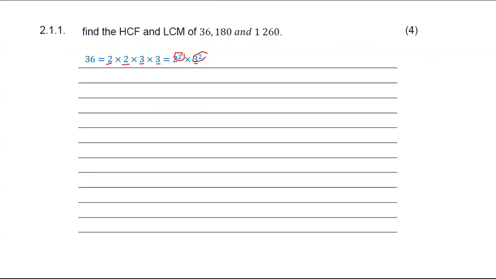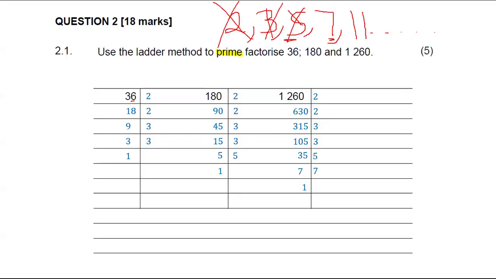Okay, got it. You sure? Can I move on? 180 will be 2 squared times 3 squared times 5. If you're wondering why I'm taking this 2 multiplied by 2, I got it from the table here. I'm simply taking all these prime factors and multiplying them, okay?